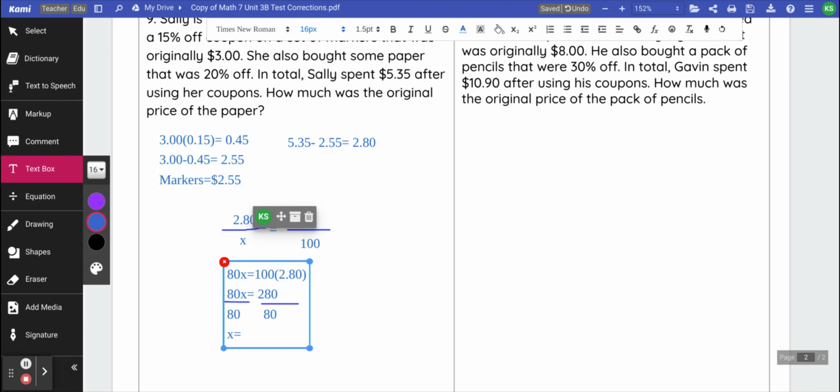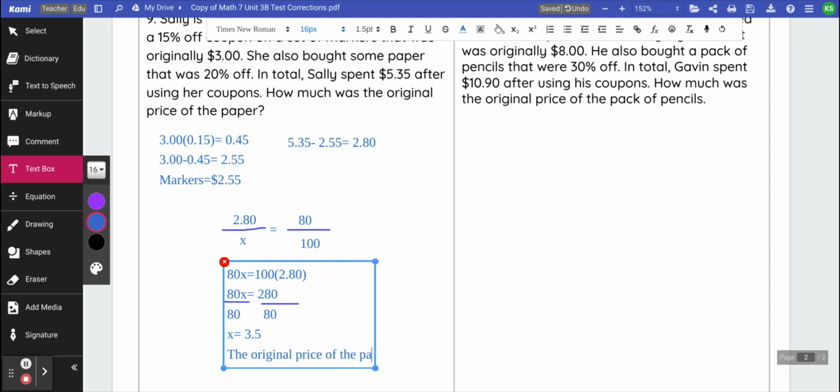When we do that, we get 3.5. Because x is our answer, we know that the original price of the paper, I can't spell, is $3.50.